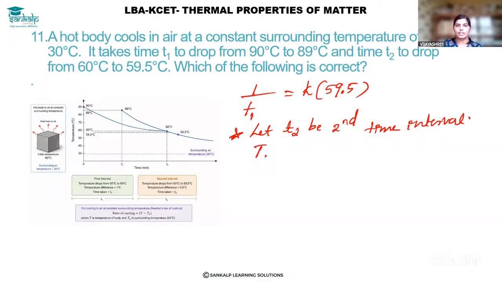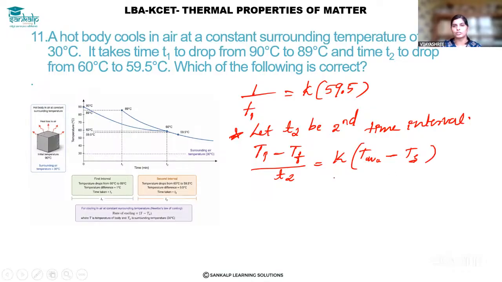T initial minus T final divided by T2 is equal to K into T average minus T surrounding, we can write. Just recall Newton's law of cooling. So in the second interval, what is T initial and T final?